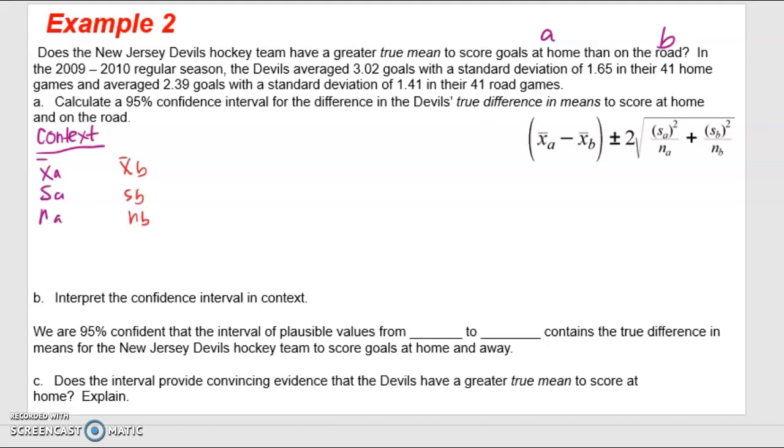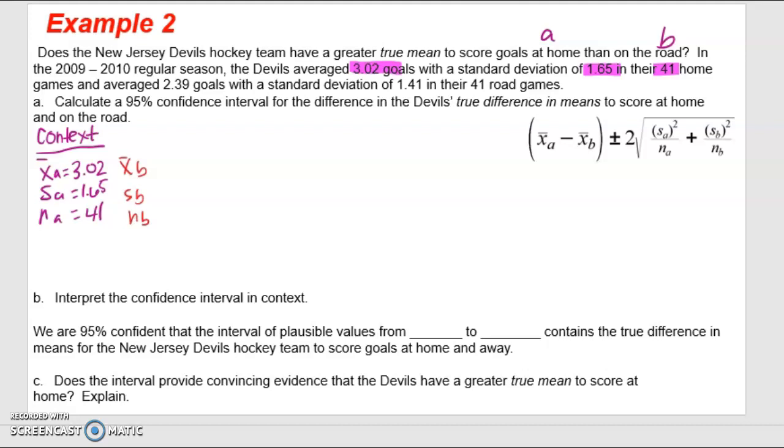Okay. So it says in the 2009-2010 season, the Devils averaged 3.02 goals. Averaged means that's the mean, with a standard deviation of 1.65 in their 41 home games. So context A: 3.02 is my mean, standard deviation is 1.65, in 41 games.